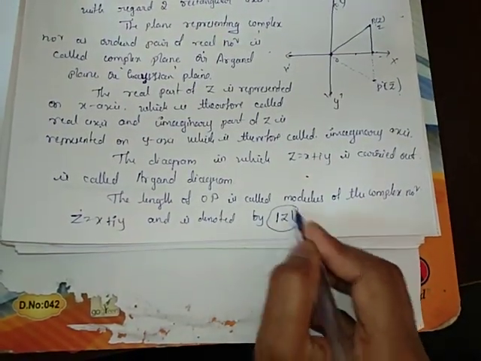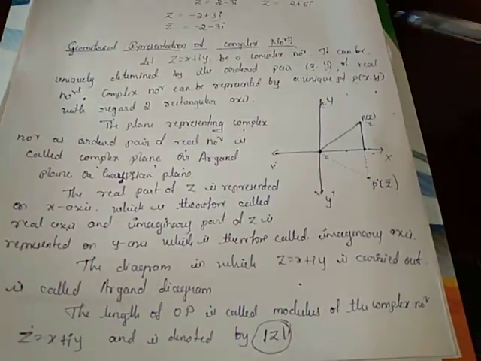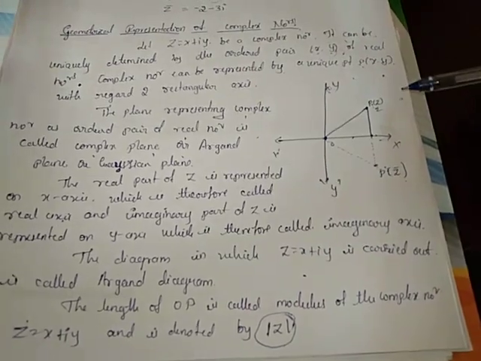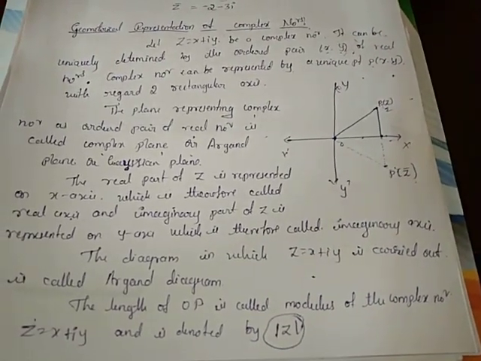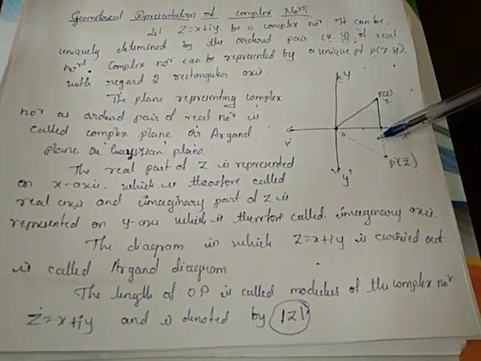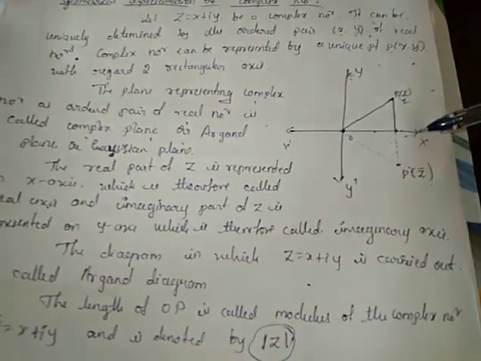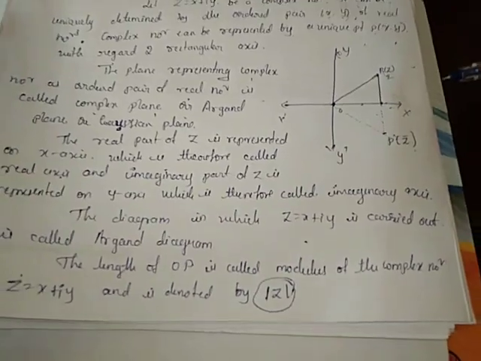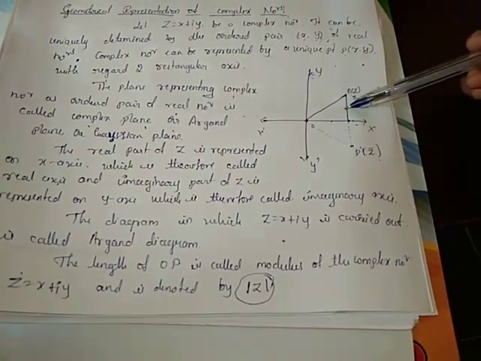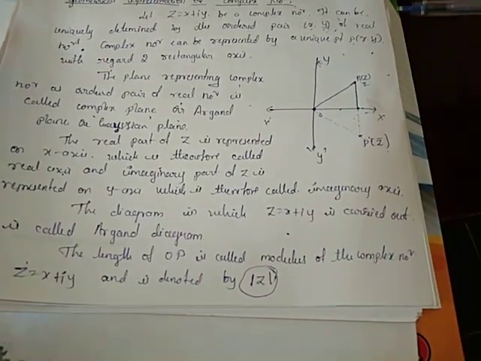This symbol represents the modulus of a complex number. So that is the geometrical representation of the complex number. The plane which is representing the complex number is called the complex plane, and the real part is represented on the x-axis and the imaginary part on the y-axis. Therefore those are called the real axis and imaginary axis. And the diagram which is carrying the complex number is called an Argand diagram.